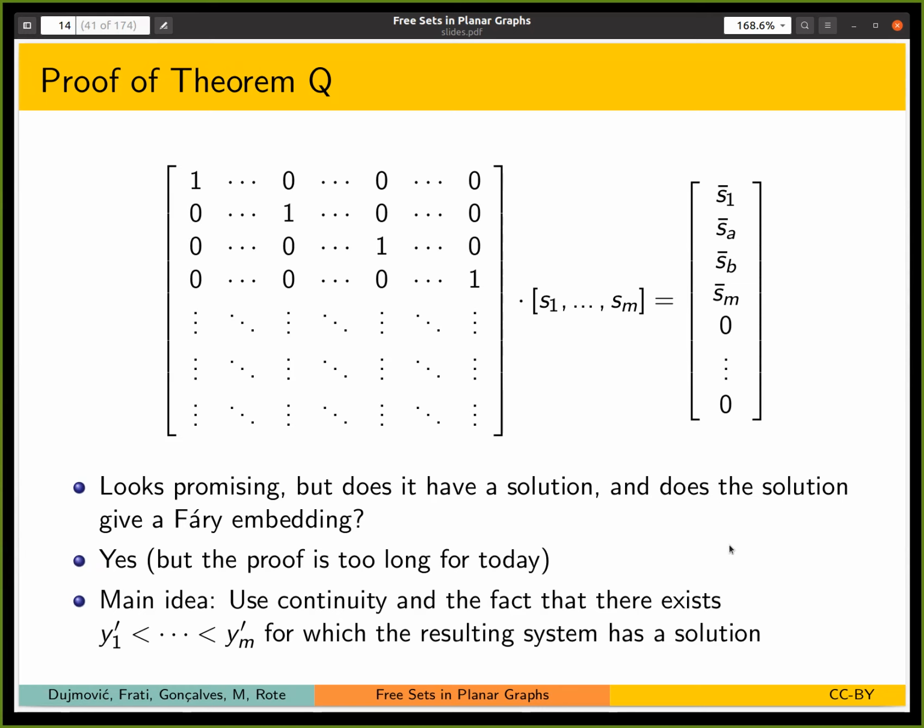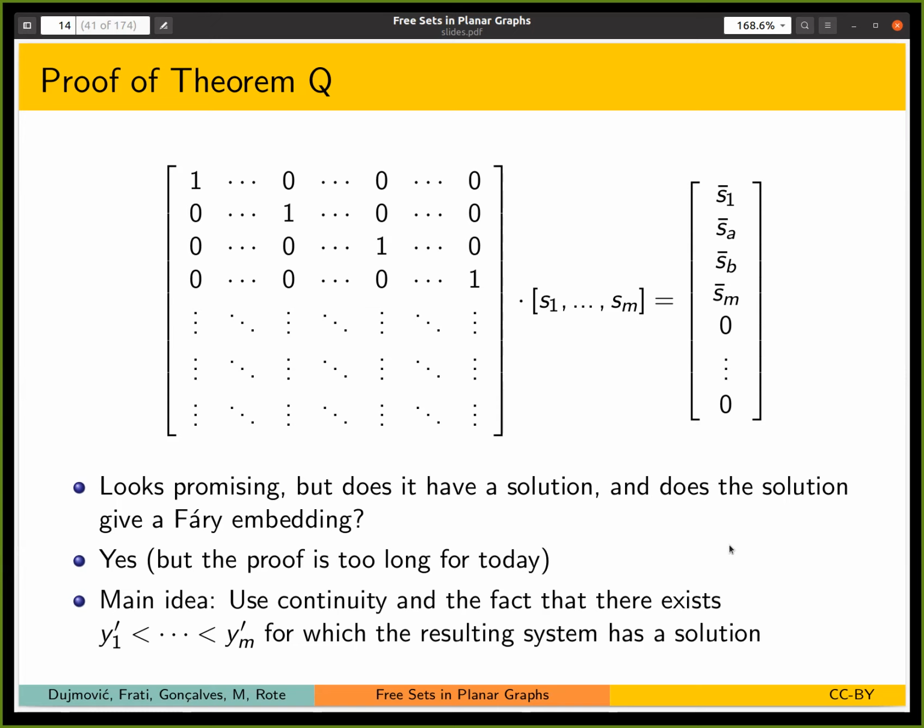So basically, it uses the fact that there is some drawing in which all of these edges cross the y-axis, which means there is a sequence of y coordinates for which, if I use those y coordinates, I get a system of equations that does have a solution, and it gives me that drawing back.